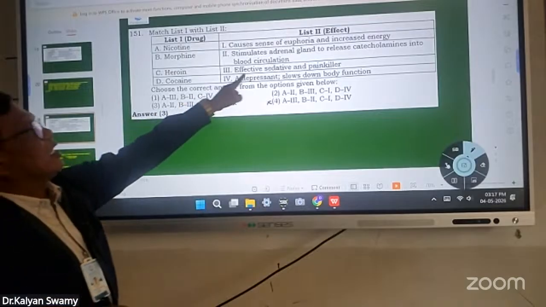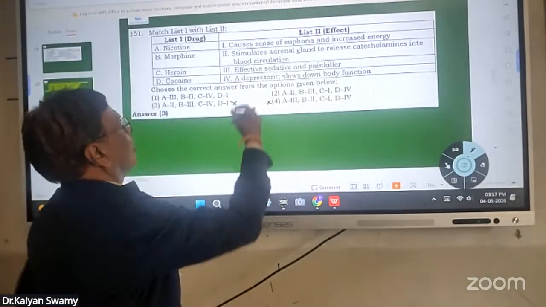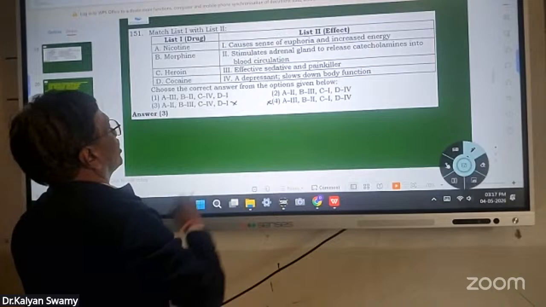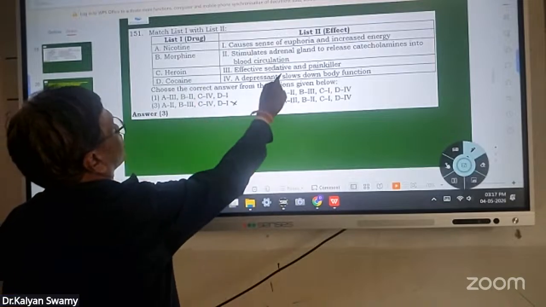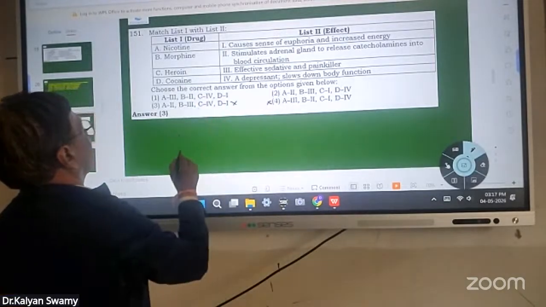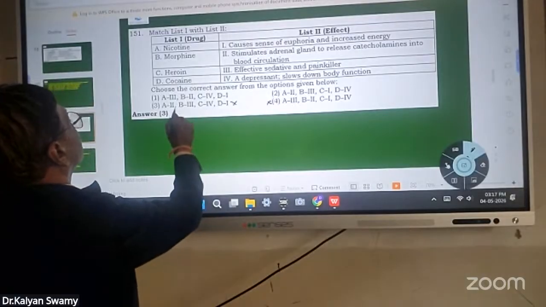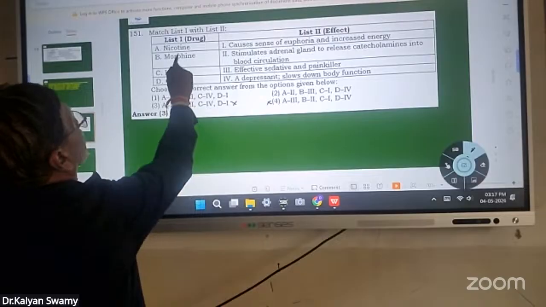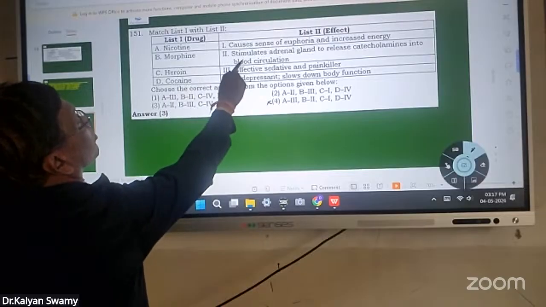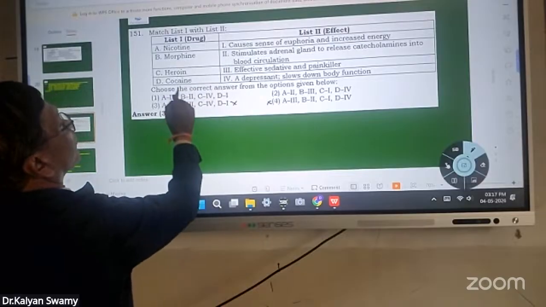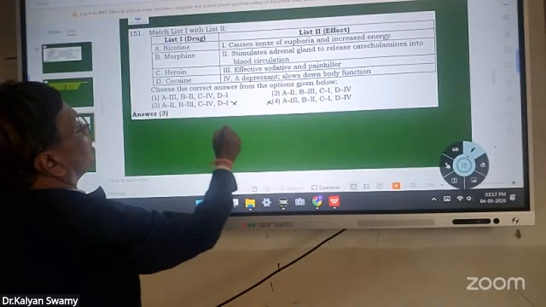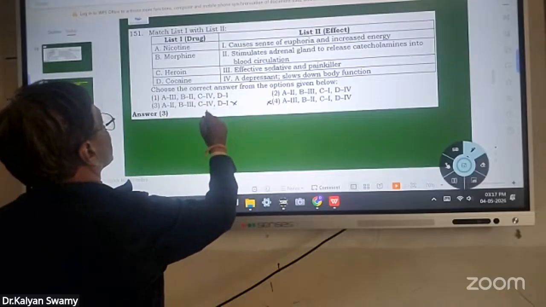Morphine is a painkiller. The chemistry we will study, and also in the biology. Here morphine is a painkiller, B3. A2, B3. Nicotine, immediately A2. Morphine is B3. Only 2 options are next.